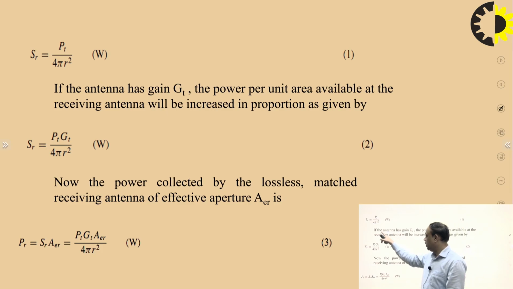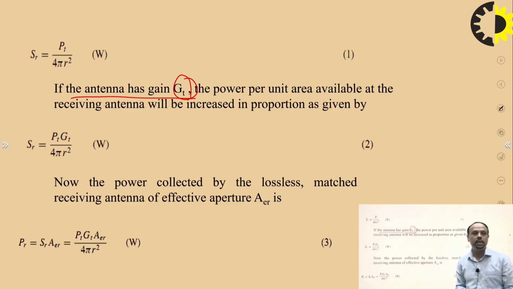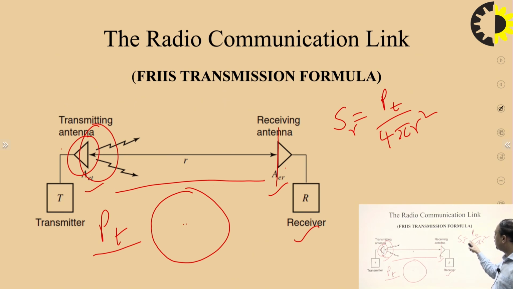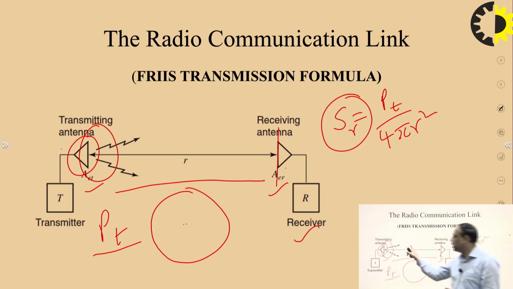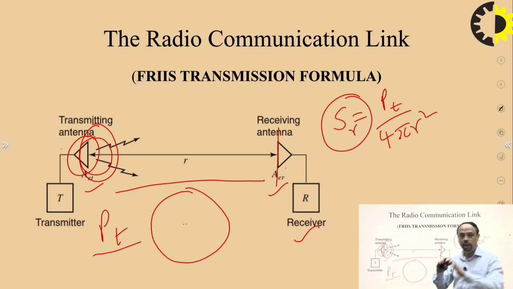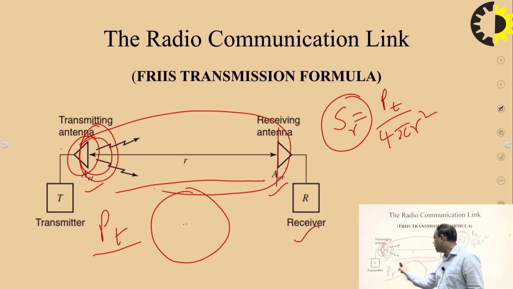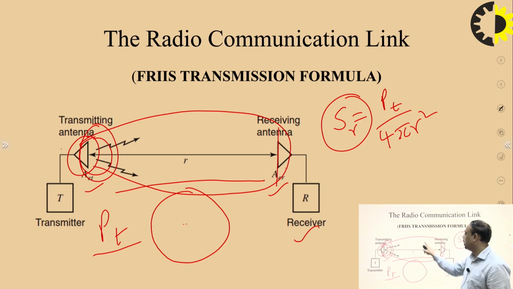Now consider this point source to be an antenna which has a gain in a particular direction, represented by GT. The pointing vector is now directed in a particular direction due to this directional antenna, and the total power radiating over the complete sphere is directed with the gain of GT.